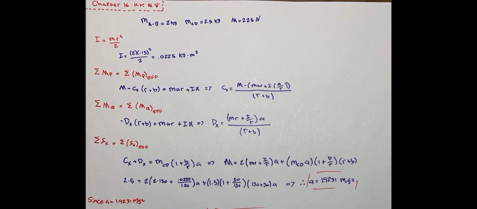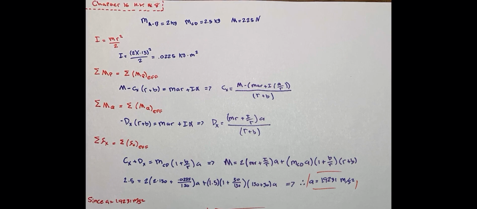Then we can sum the forces in the x, which is Cx plus Dx is equal to m_CD times 1 plus b over r times A. Plugging in for Cx and Dx, we get this long equation which simplifies down to the expression for m.